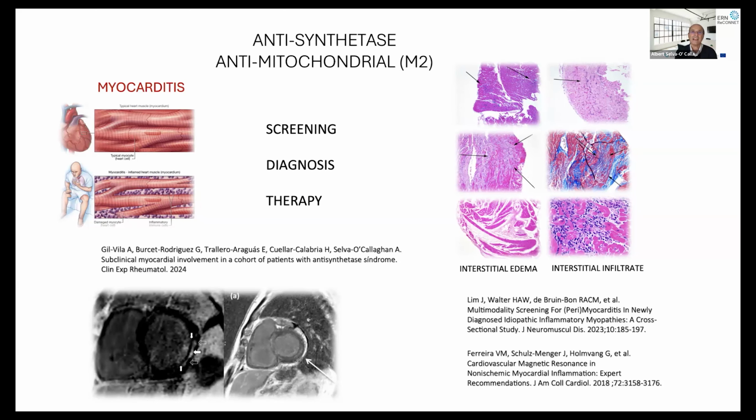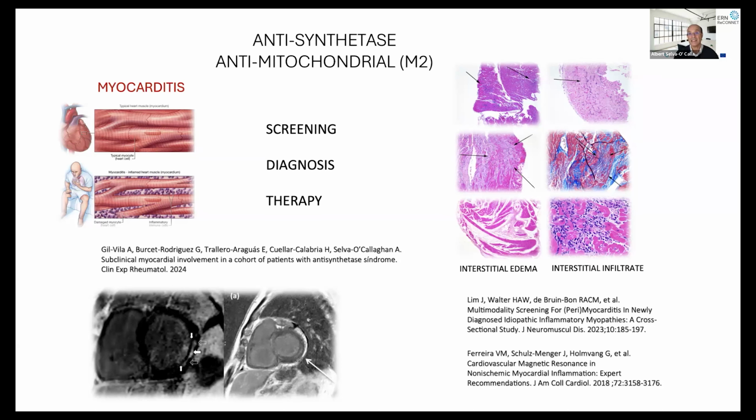Recently, you know that the heart has no longer been a typical organ involved in myocarditis in patients with inflammatory myopathy, but now we know that not rarely these manifestations may appear, specifically in some groups of patients that can be identified by this specific antibody profile.